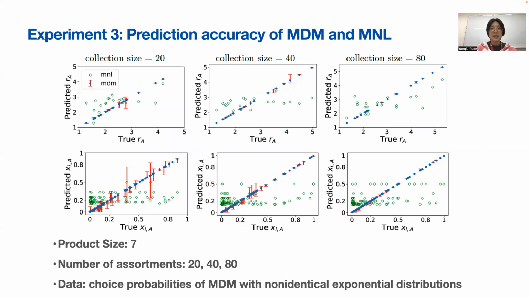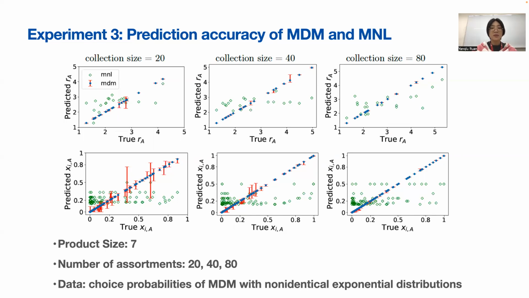Experiment 3 demonstrates that the proposed non-parametric data-driven approach for prediction can be beneficial, while there is a potential danger in imposing parametric assumptions on the model. In this experiment, we generate random instances with a product size of 7 and a collection size from 20 to 80. We use non-identical exponential distributions for the marginals to generate the underlying MDM choice probabilities.